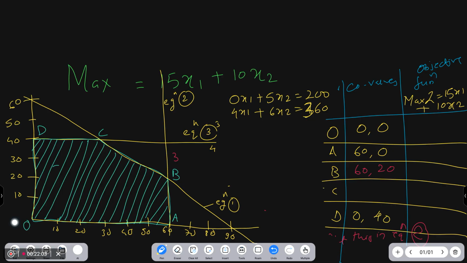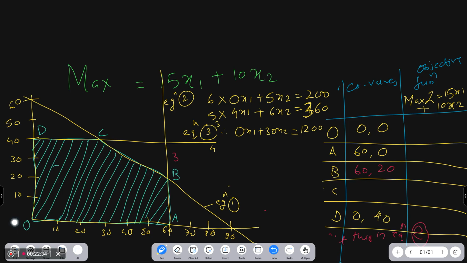Now again, same thing. I cannot make the x1 term similar, I can make the x2 term similar. Therefore, I have to multiply by 5 to this equation and 6 to the first equation. What is the final answer here? Therefore, 0x1 plus 30x2 is equal to 1200.